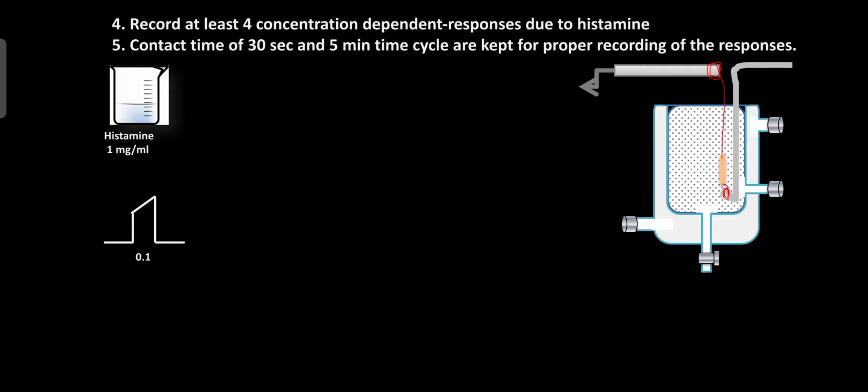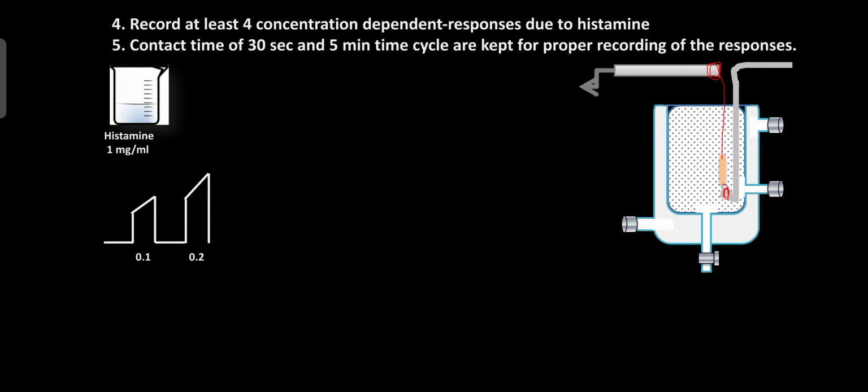After baseline, add 0.2 ml of histamine solution and record the responses due to addition of 0.2 ml of histamine solution for 30 seconds. After 30 seconds, wash the tissue properly.